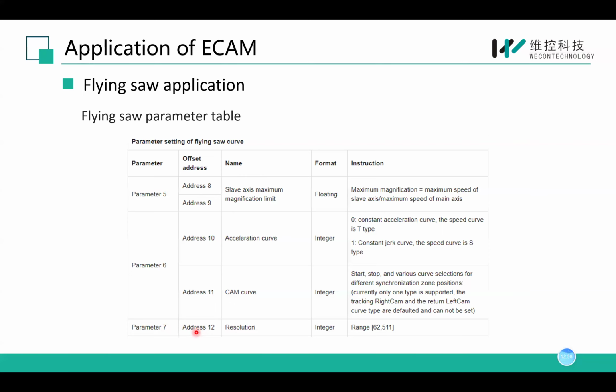Okay, and parameter 12 is about the resolution. The range for the flying saw is from 62 to 511. The larger the resolution you set, the more registers the generated ECAM curve will occupy.